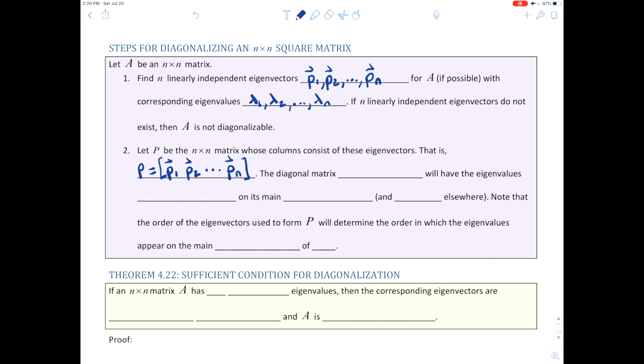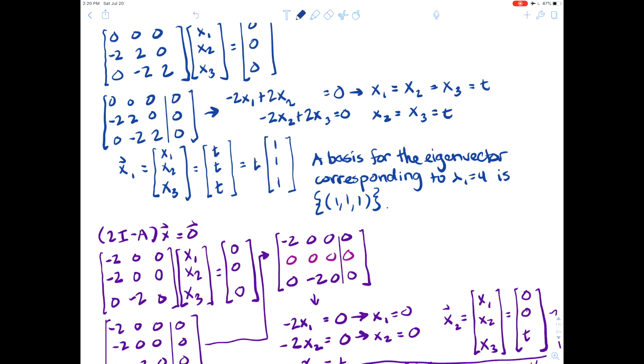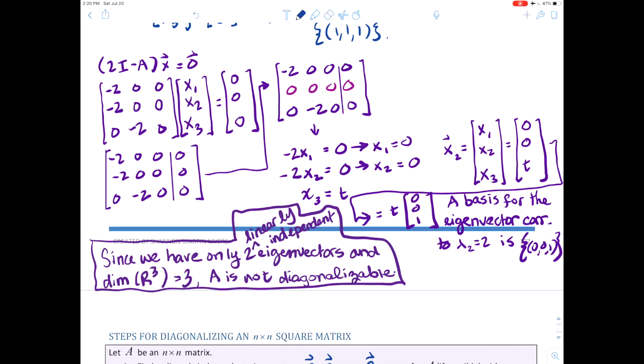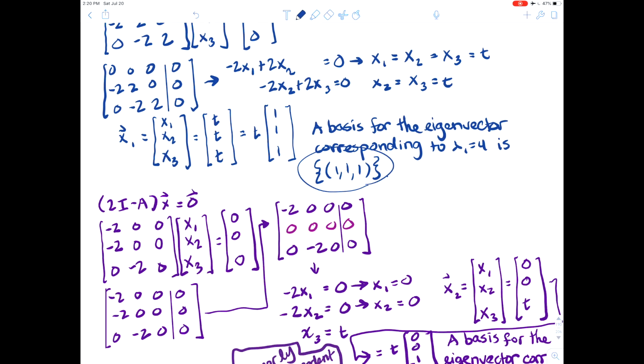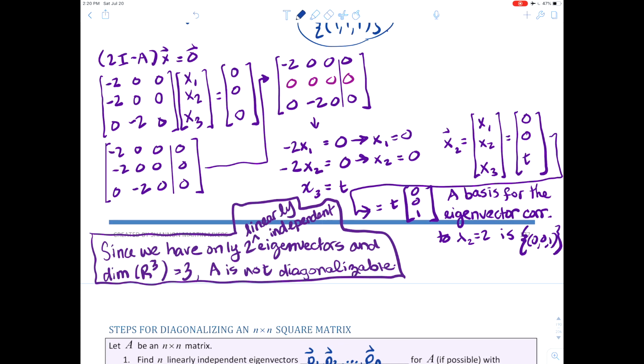So each of these bases, 1, 1, 1, would have been P1 if this had been diagonalizable. And 0, 0, 1 would have been our P2 had this been diagonalizable, okay?